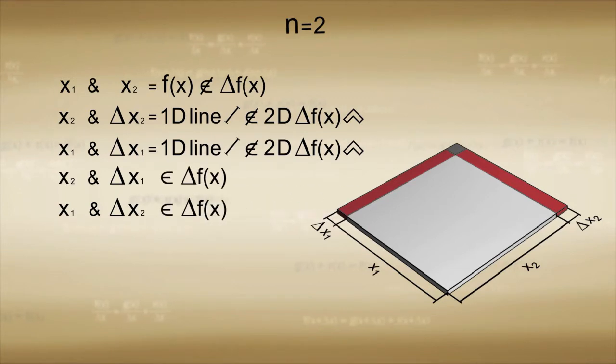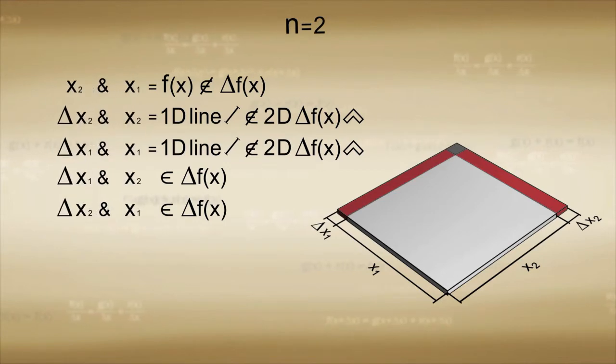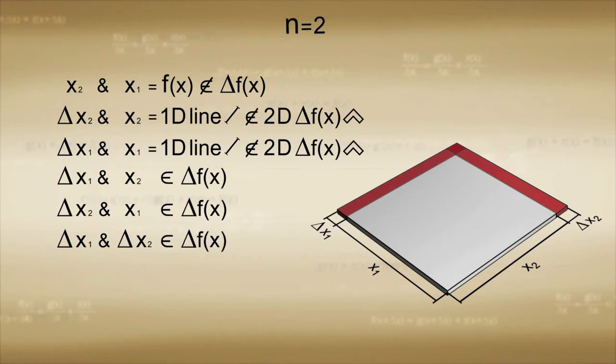Notice that the combination of sides x1 and delta x2 can be written as delta x2 and x1, but it will describe the same volume. The last possibility to create a volume is a combination of delta x1 and delta x2. And indeed, we find that this volume does show up in our graph.